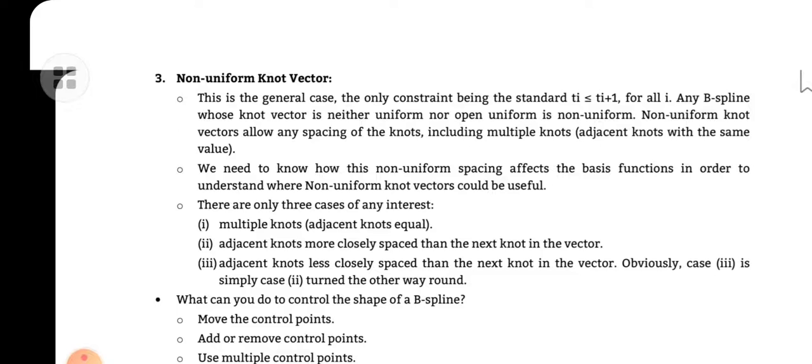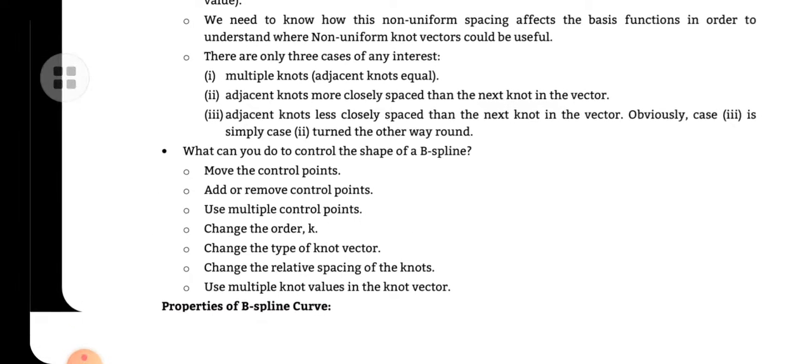There are only three cases of any interest. The first is multiple knots. Multiple knots are adjacent knots that are equal, adjacent knots that are more closely spaced than the next knot in the vector, and adjacent knots that are less closely spaced than the next knot in the vector.